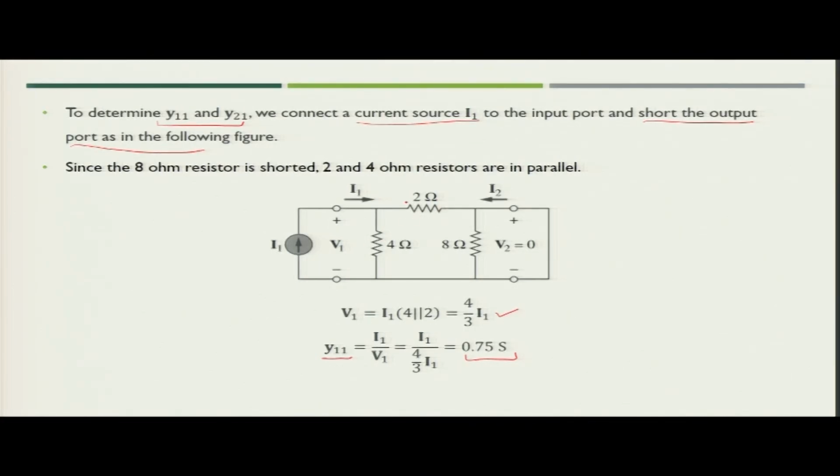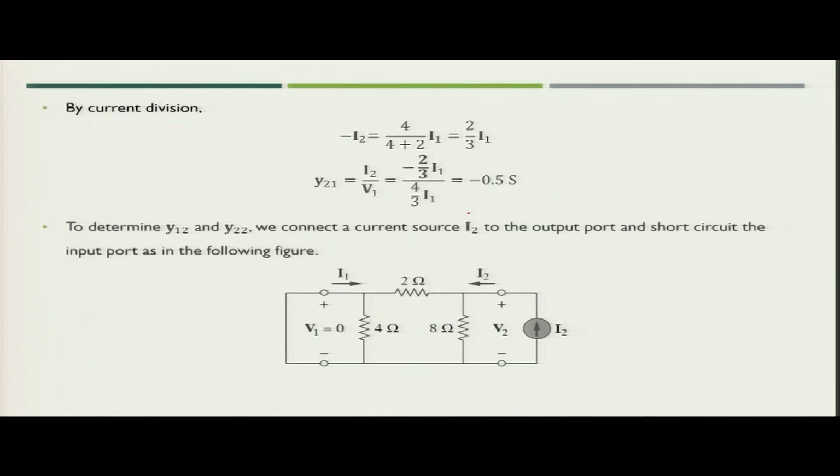So, the component of I1 which is flowing through 2 ohm resistance will be equal to the value of current I2 with negative sign, because both would be in opposite direction. So, what you can write? Minus I2 is nothing but the current flowing through 2 ohm resistance, that would be 4 upon 4 plus 2 into I1. So, you get I2 is equal to minus 2 by 3 I1.